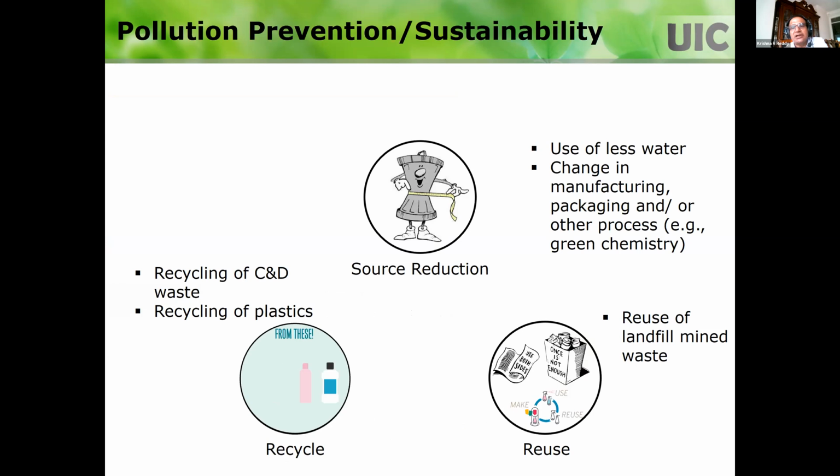Source reduction is one of the major challenges to industries: to use fewer materials and create processes that create less waste. But if waste is generated, can we reuse it or recycle it? Some of these things we need to look at significantly in geoenvironmental engineering.